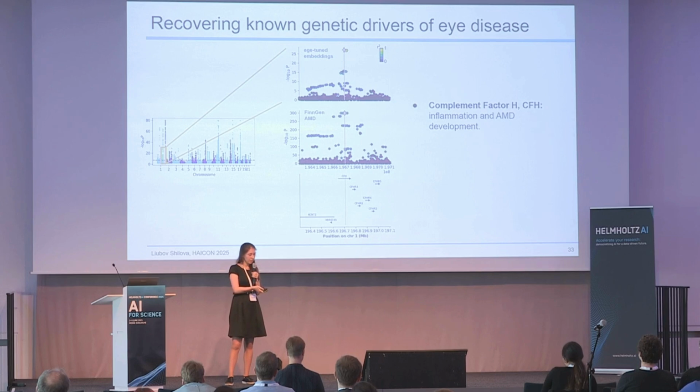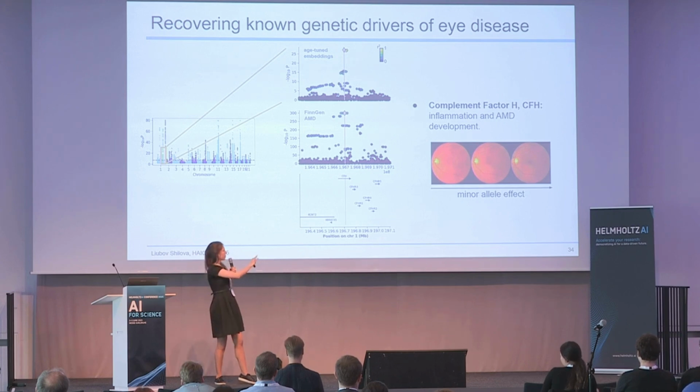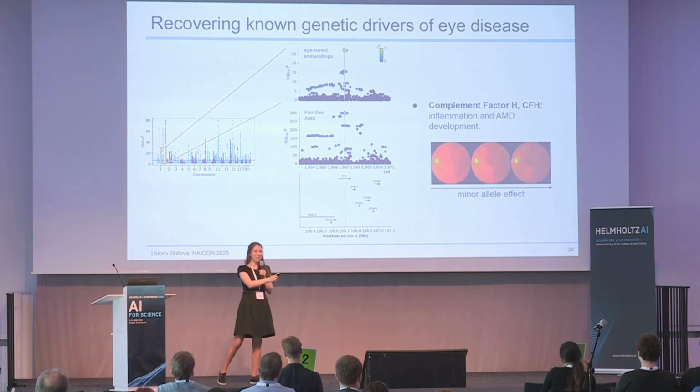And indeed, the reconstructed image of predicted minor allele carriers looks visibly older than the left one. I'm not sure if you really can see it, but you have to trust me on that.